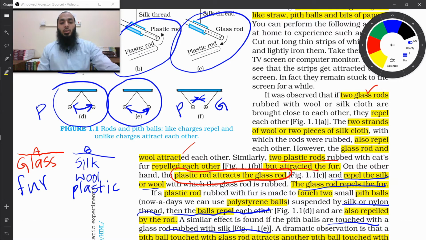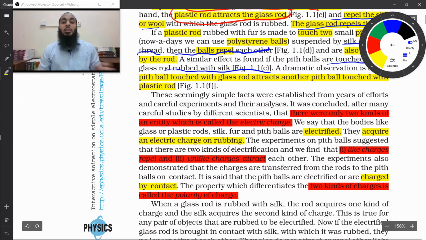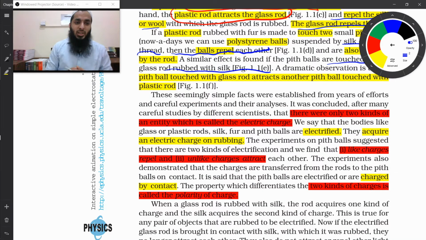Okay. Now let's continue. These seemingly simple facts, we were saying these are very simple things, were established from years of efforts and careful experiments and their analysis. It was concluded after many careful studies by different scientists that there are only two kinds of an entity, which is called electric charges.